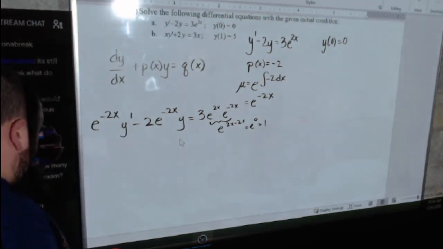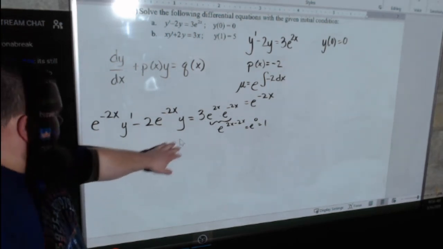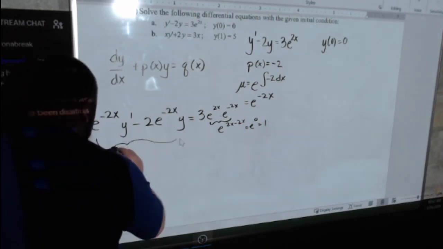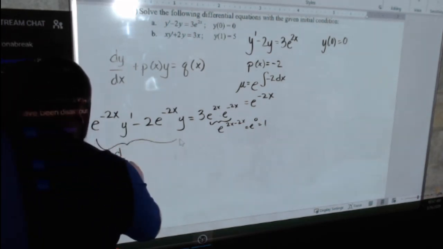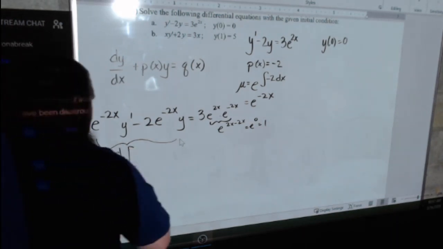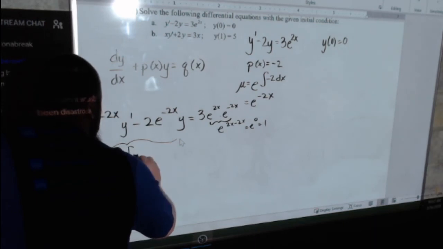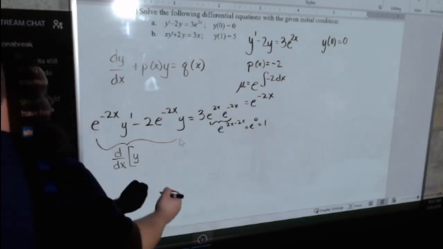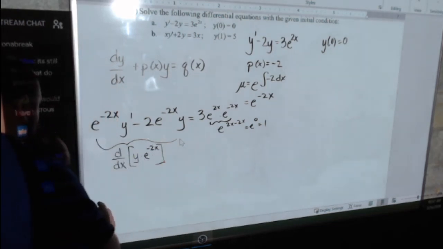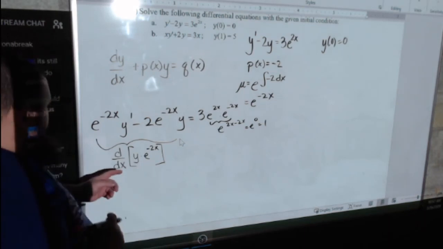All right. So then this side here, we've stated that this should always collapse to d/dx, or whatever the particular variables are, of y times the integrating factor, so e to the minus 2x. Let's prove that.